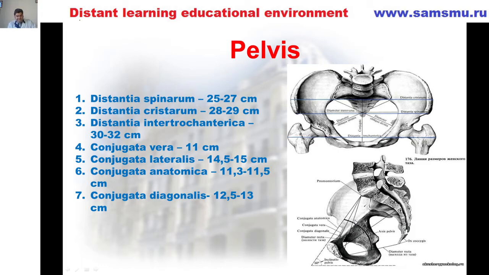To determine the true anterior-posterior diameter of the pelvis, the conjugata vera, you may see on this picture from this point to this point, 9 to 10 centimeters are subtracted from the value of the external anterior-posterior diameter. The result will be the true conjugate diameter, conjugata vera sine gynecologica, which is usually 11 centimeters.